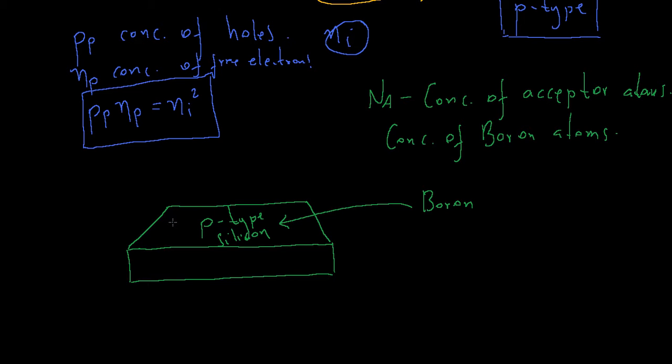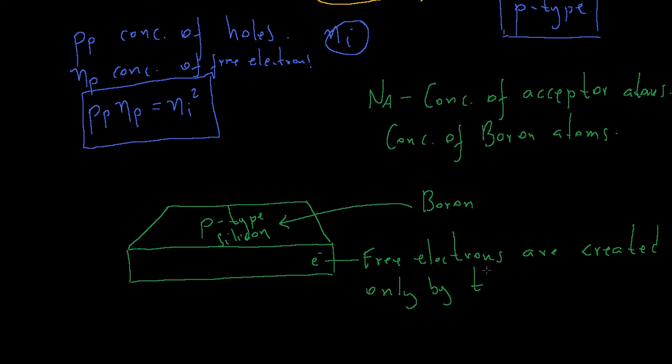There's a concentration of holes here, free holes moving, and also a concentration of electrons. Now all the free electrons on this P-type silicon are going to be created. So the electrons here, the E minus free electrons, are created only by thermal means.